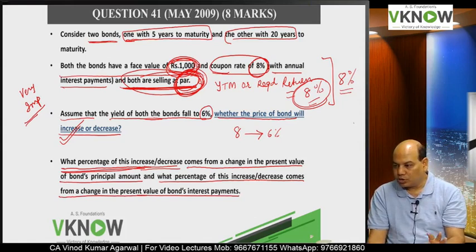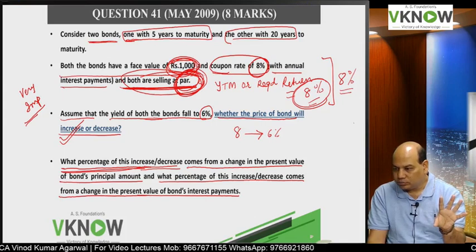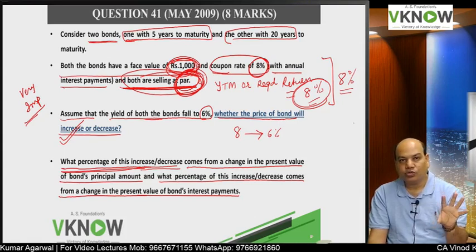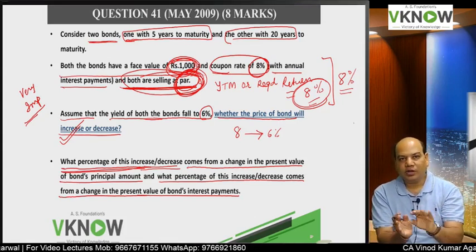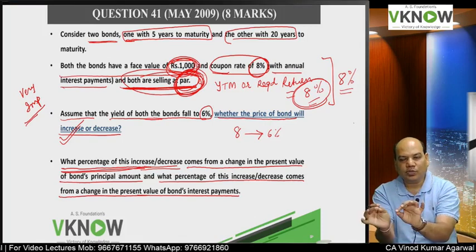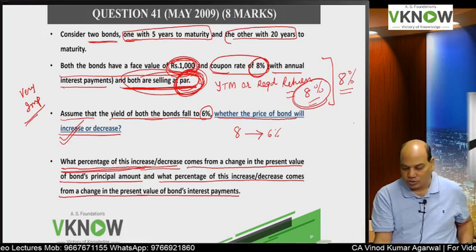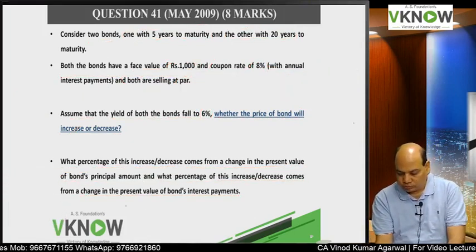So what portion of the increase is due to change in the present value of the coupon, and what portion is due to change in present value of the principal? You have to identify how much the coupon has contributed, how much the principal amount has contributed in this change. Okay, so first you write down 2 notes.